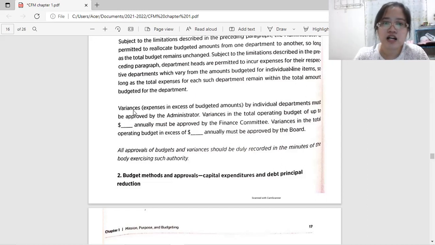And then the board of trustees, board of directors, composition. Of course, you have the chairman or president. You have the vice chairman. You have the treasurer, you have the secretary, you have the auditor, and I think those five, president, vice, secretary, treasurer, auditor, are the essential positions within the board of trustees or board of directors.